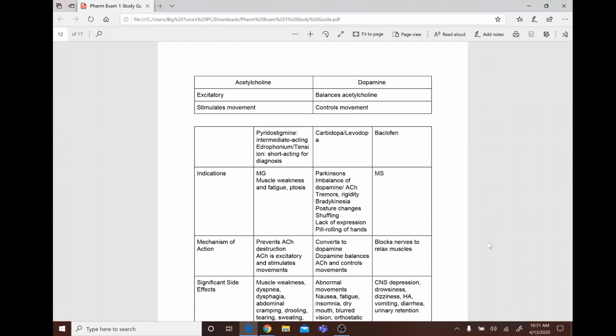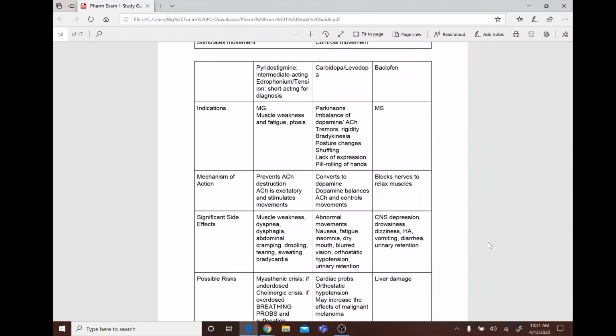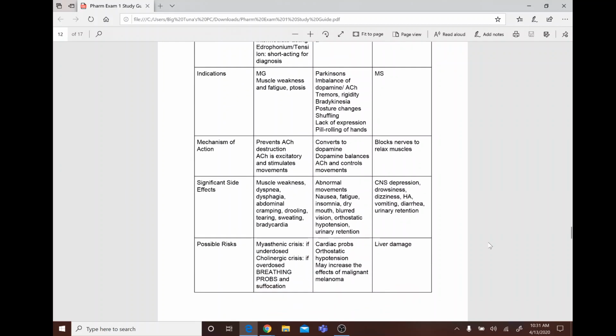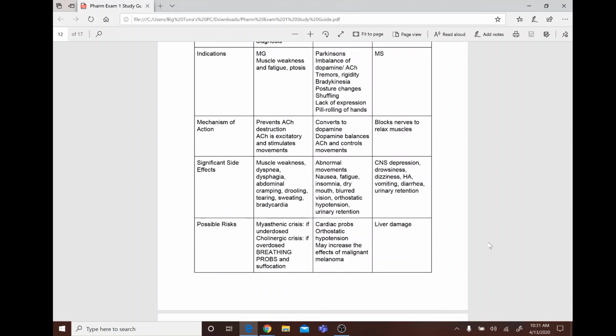What are the indications for baclofen? Multiple sclerosis. What is baclofen's mechanism of action? Blocks nerves to release muscles.